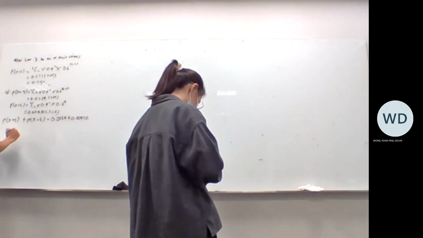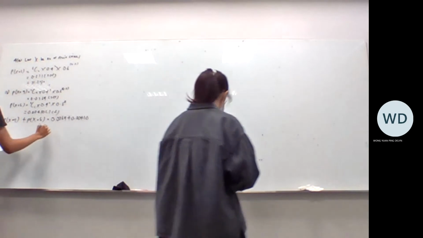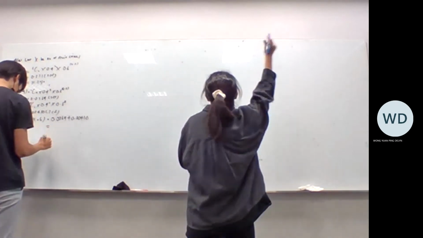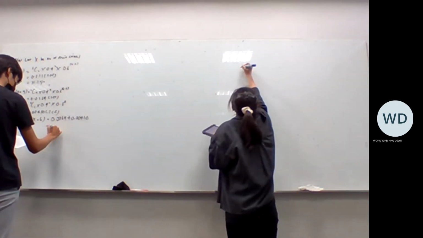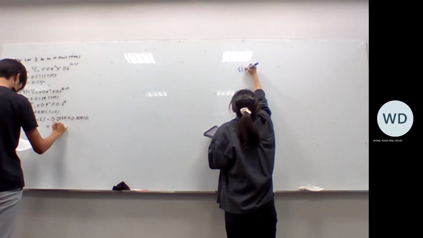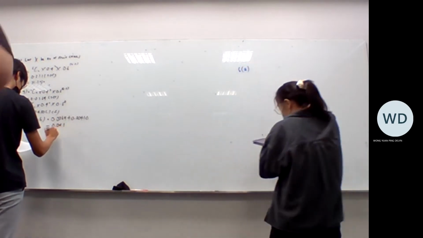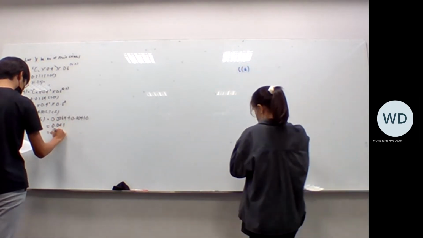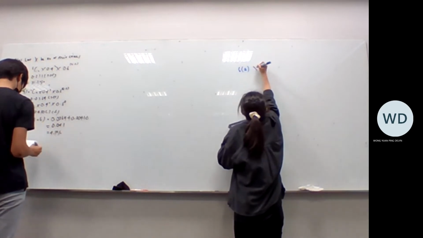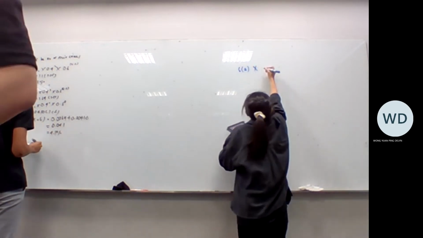Okay, those who are doing question 5, your 5C, if you get 53.3, then you get it right. 5A is 0.159, 5B is 0.309.